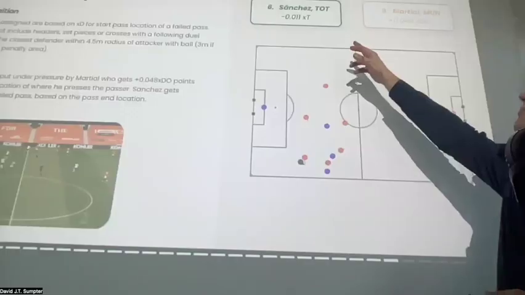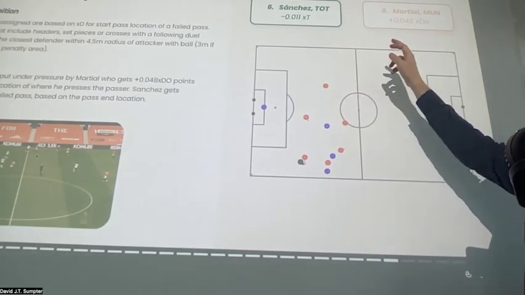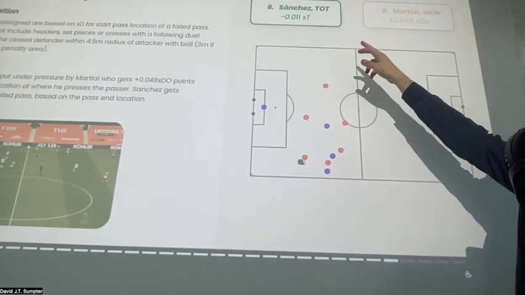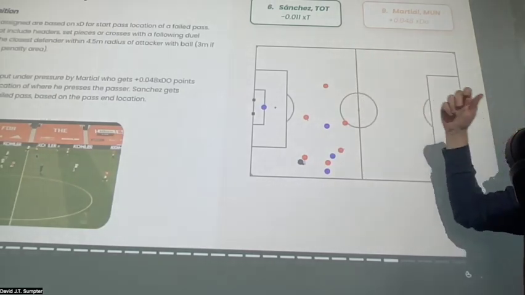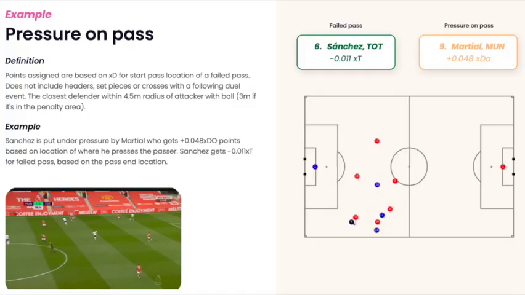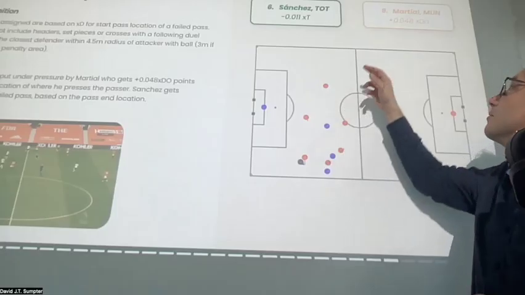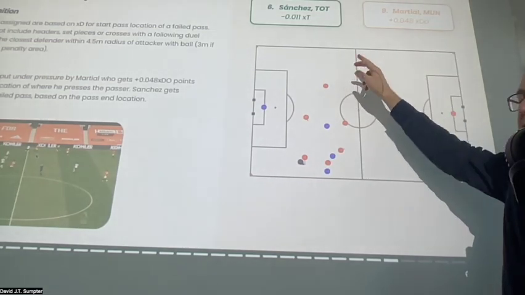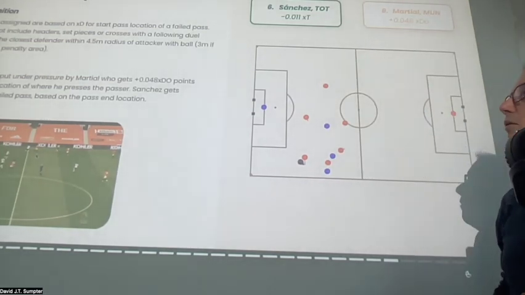It's not a very dangerous situation. So the expected threat, the failed expected threat by Sanchez is just 0.01. But then Martial actually, his pressure leads to the ball being regained in a place that Manchester United can maybe start to attack from. So he gets a different value based on where they recover the ball.